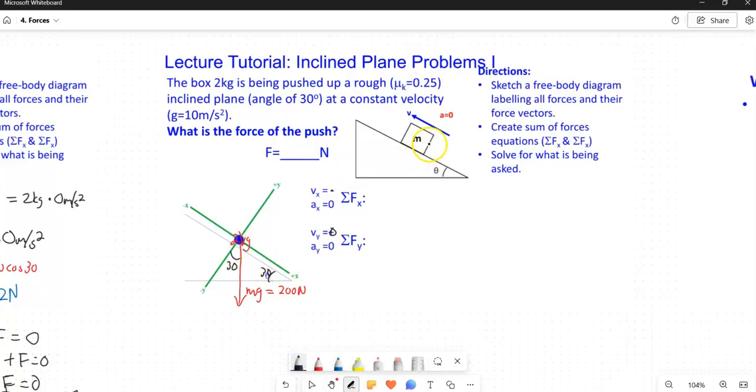Well, the two things touching this is the force pushing it up the plane of motion. That force is pointing that direction, and in this case, it's going to be a negative F. And we have the surface force, which is the normal force.